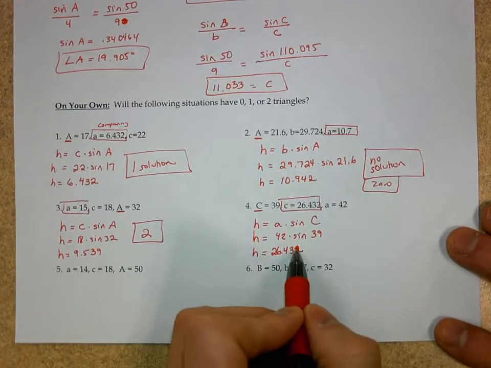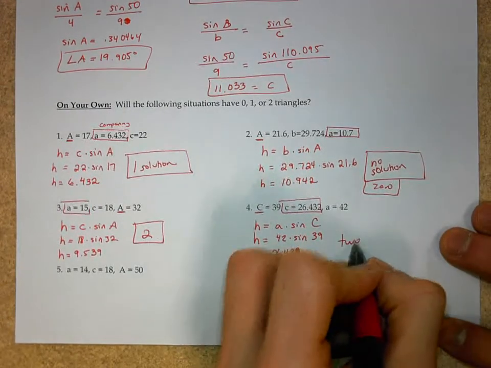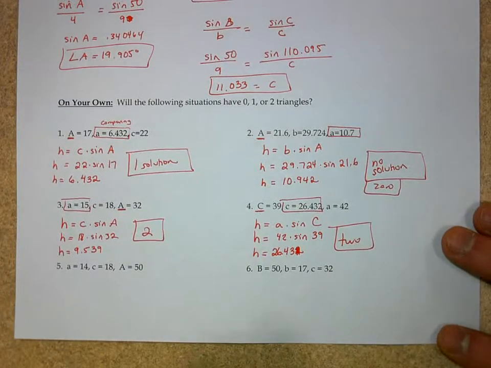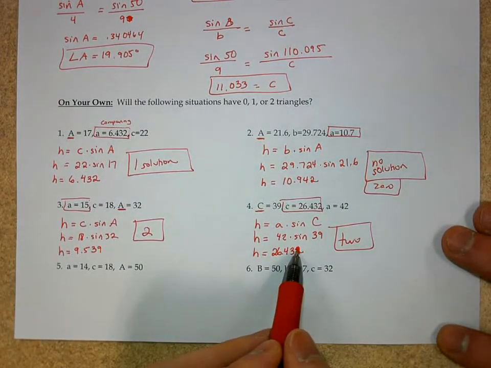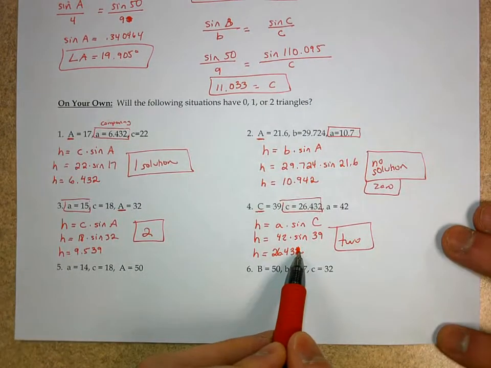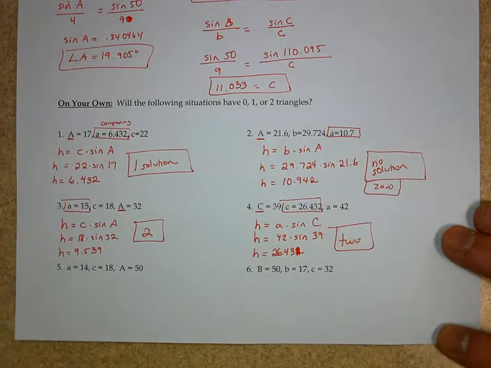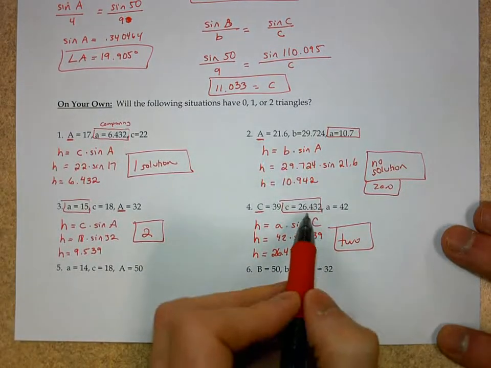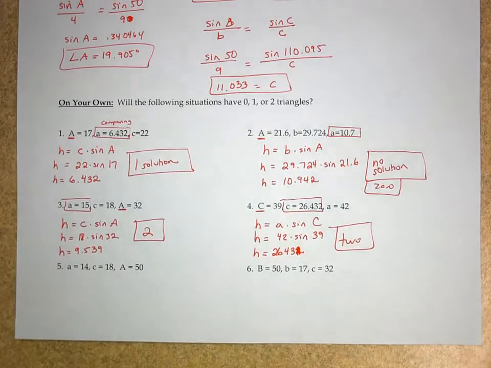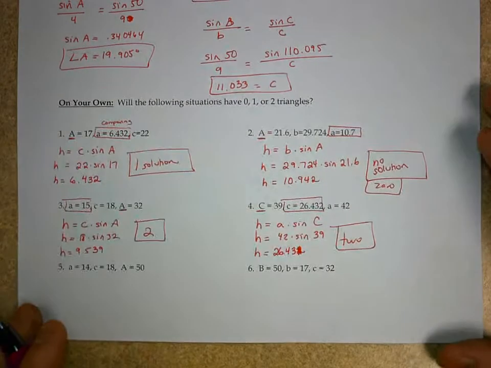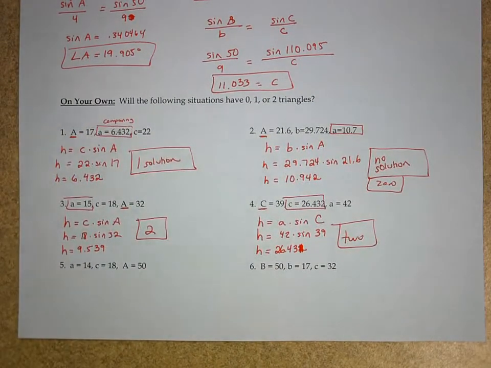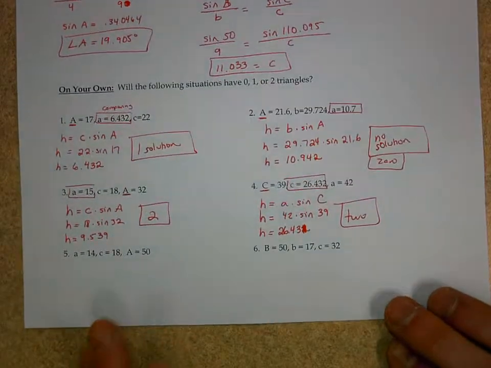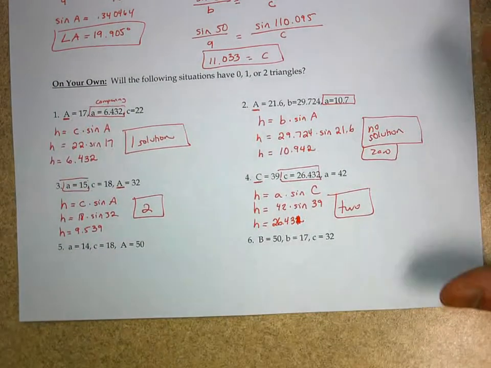So actually, I take that back. I do have enough. I'm going to have 2 triangles. Yeah, this is the height that I absolutely need, 26.4314562. If I look at my calculator, I'm given 26.432, so that's 2. If it were to round to 3 decimal places, I could then argue that there's 1 solution.